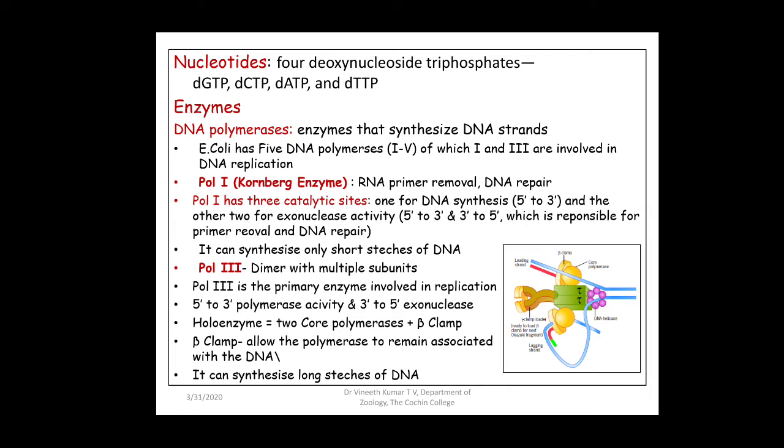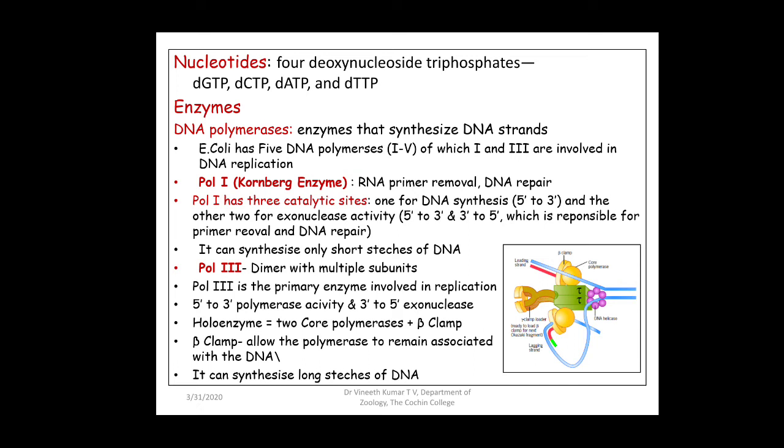Pol 1 is a single subunit, a monomeric enzyme, having 3 catalytic sites. One is for normal DNA synthesis in the 5' to 3' direction, and it has 2 exonuclease activities. We have studied endonuclease in biotechnology. Exonuclease means it cleaves the phosphodiester bond at the ends of a DNA fragment.